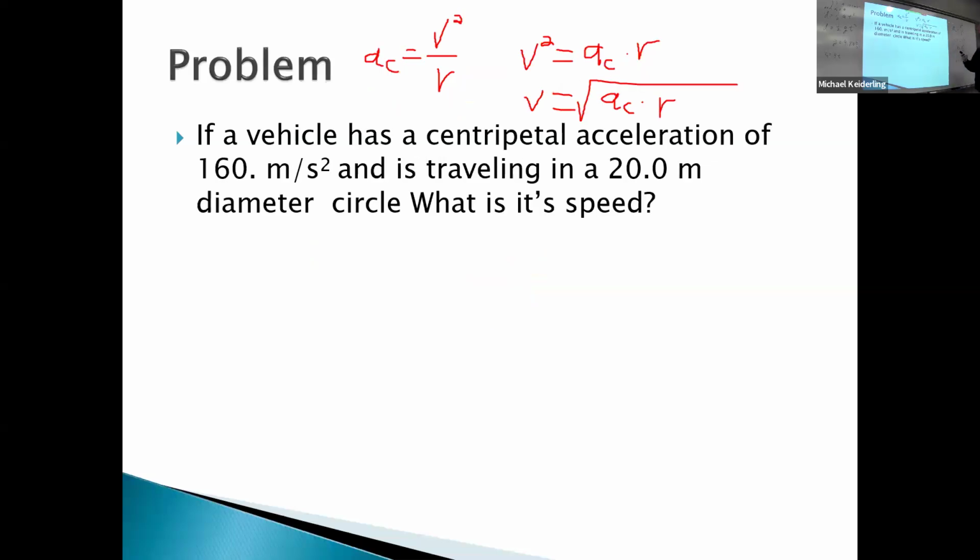But here, we're looking for speed. A vehicle has a centripetal acceleration of 160 meters per second squared, and it's traveling in a 20-meter diameter circle. The question is, how fast is it moving?